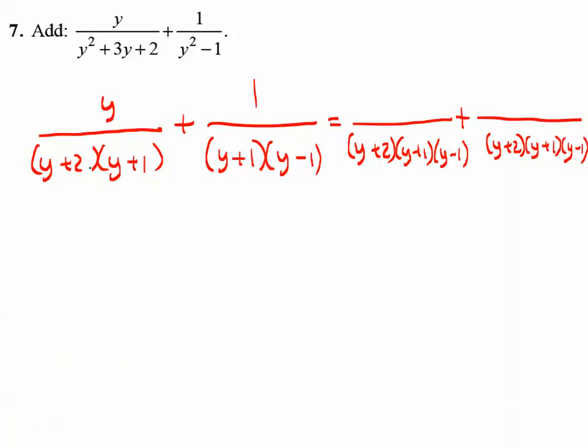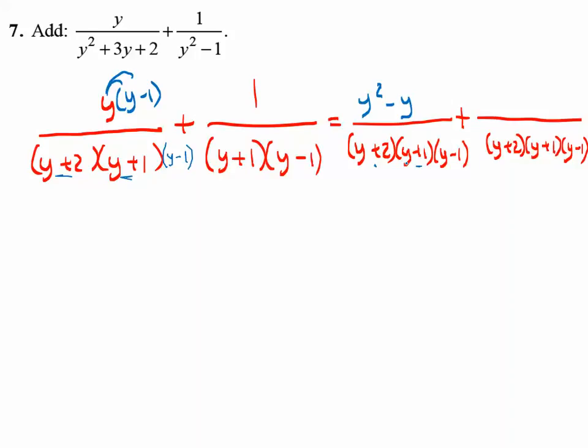Okay, so y plus 2, y plus 2, y plus 1, y plus 1. That's cool. I need a y minus 1 extra right here. So I could write it here, that would be fine. But the important part is that you multiply the top by that y minus 1. So now just notice this fraction is the same as this fraction now. Nothing missing anymore. But on top, I will have a y squared minus y. Is that good?